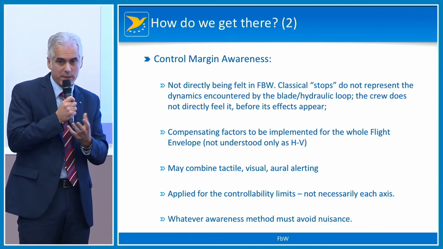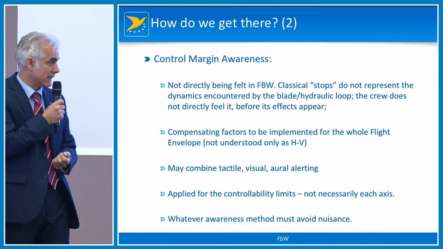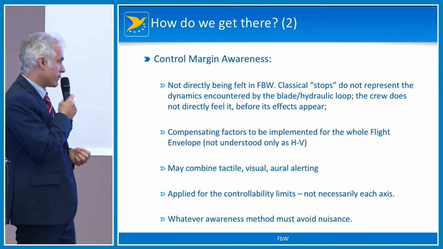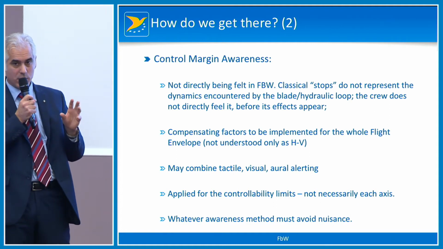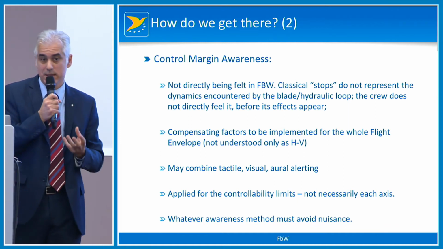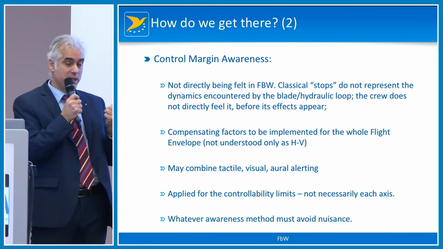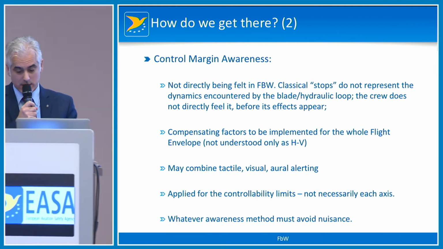Every aircraft manufacturer knows precisely what is limiting their aircraft in each particular phase of flight. And of course, very important, whatever awareness method of the margins we implement, we must reduce the nuisance. The last thing you want to see is something beeping inside your aircraft when you're hoisting someone in difficult conditions.